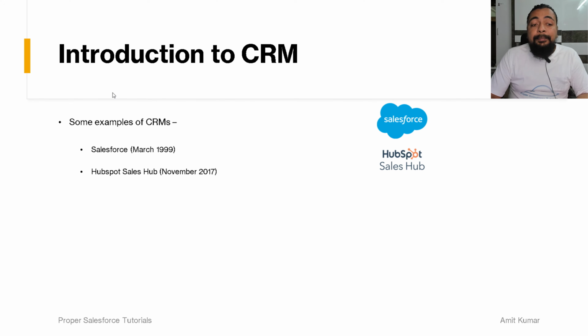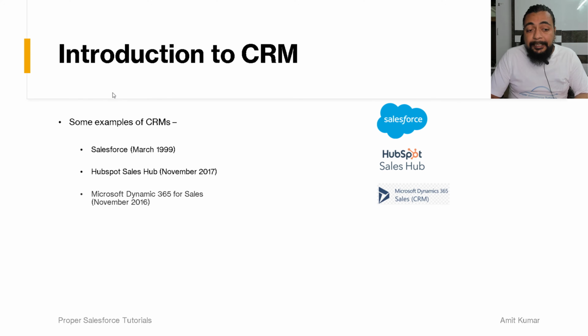Another famous CRM tool is HubSpot Sales Hub, which was released in November 2017. Microsoft has its own CRM tool known as Microsoft Dynamics 365 for Sales, which was released in November 2016. SAP, one of the oldest CRM tools, was released in July 1992.